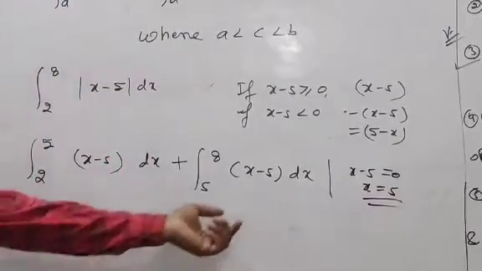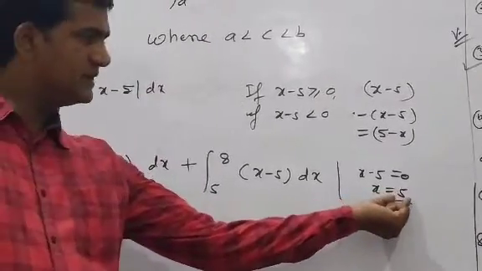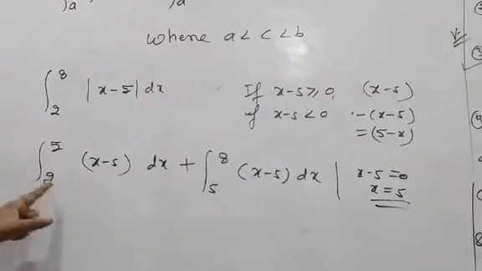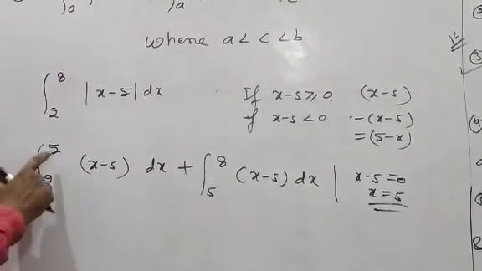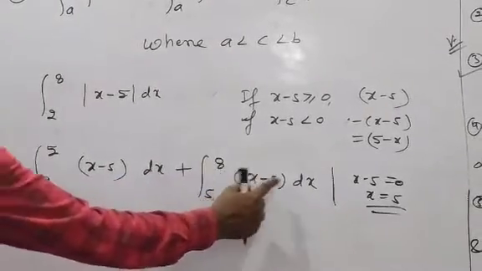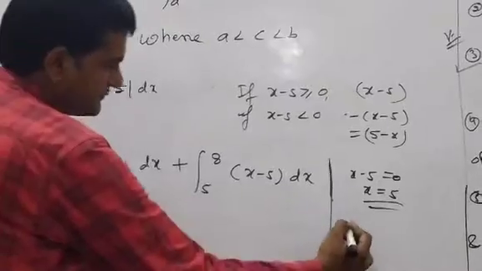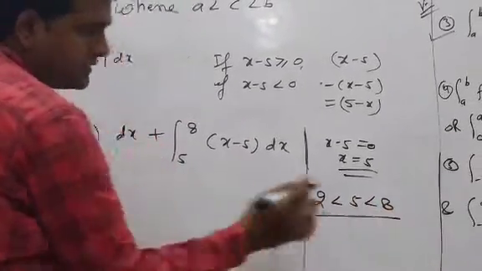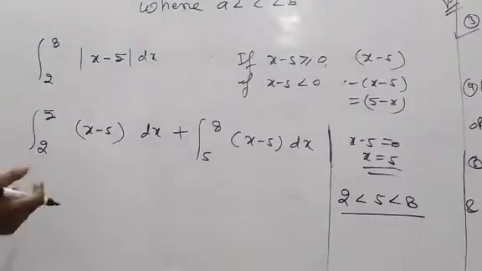Clear? Then this is the middle limit between a to b, means 2 to 5. Then the integral from 2 to 5 of x minus 5 dx plus the integral from 5 to 8 of x minus 5 dx. Why? Because 2 is less than 5 is less than 8. Understood?